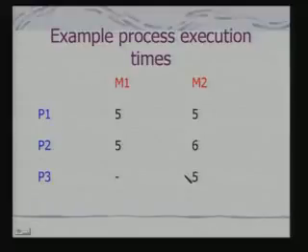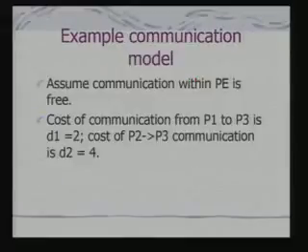Now, what will be the optimal allocation such that the complete task graph can be completed in minimum time? That implies scheduling as well. Assume communication within a PE is free, that means there is no delay involved there, and the cost of communication from P1 to P3 is 2, and the cost of communication from P2 to P3 is 4.